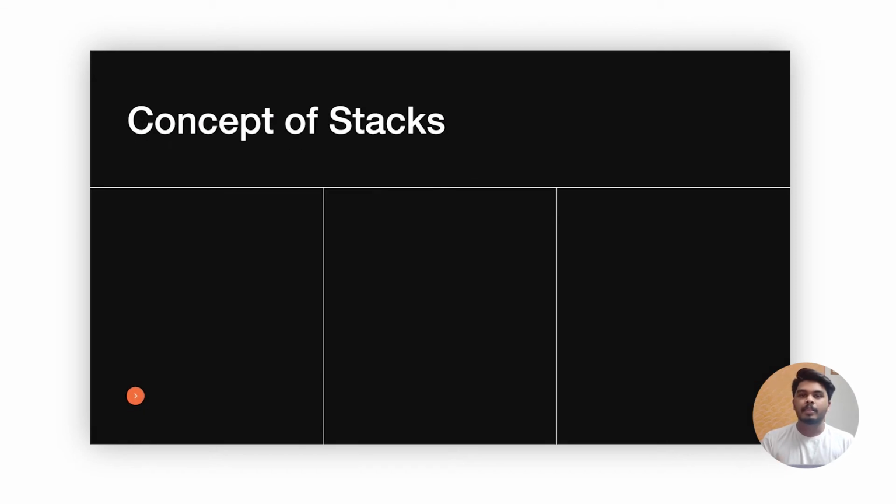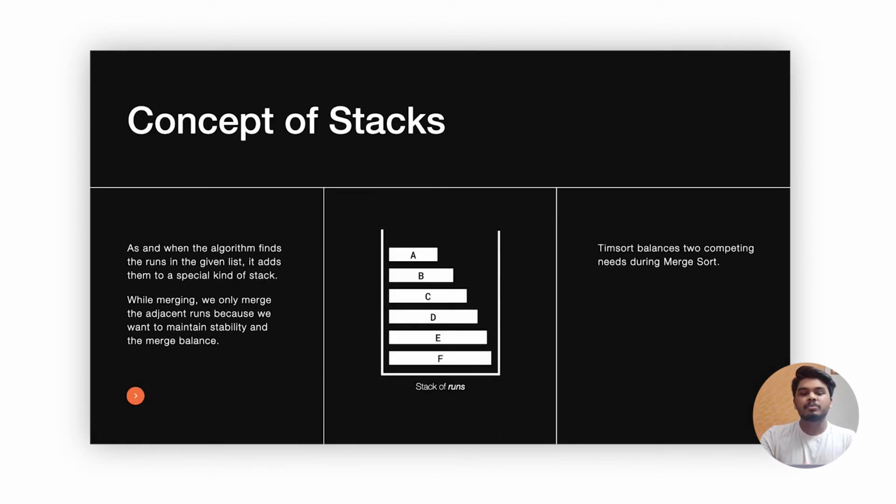Now, the concept of stacks. As and when the algorithm finds runs in the list, it keeps adding them to a stack. While merging, we only merge the adjacent runs because we want to maintain stability and a merge balance. Now, Timsort has to balance two competing needs during merge sort.